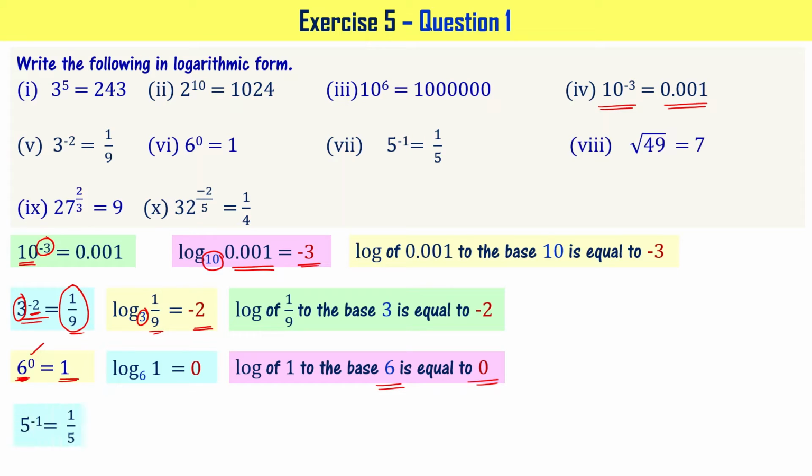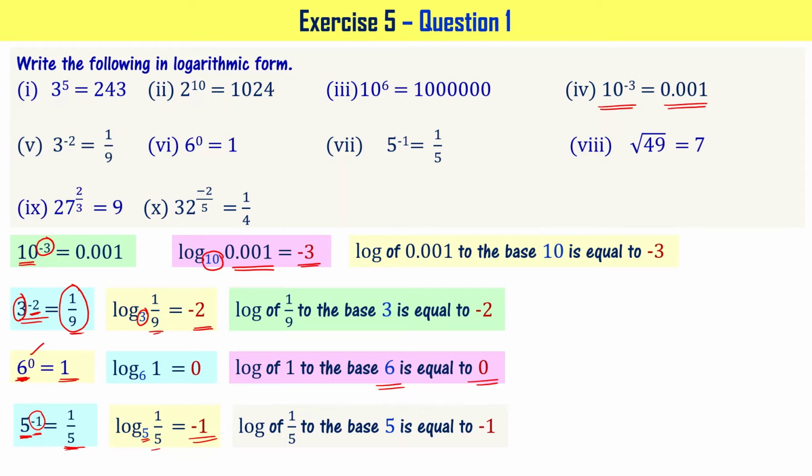Let's go to the next part of the problem, that is 5 power minus 1 equal to 1 by 5, right? Here base is 5 and the exponent is minus 1 and the answer is 1 by 5, right? When you express this in logarithmic form, it is going to be log of 1 by 5 to the base 5 equal to minus 1. Log of 1 by 5 to the base 5 equal to minus 1.